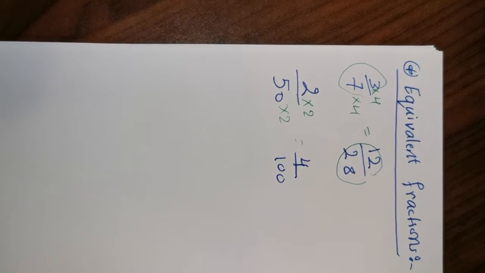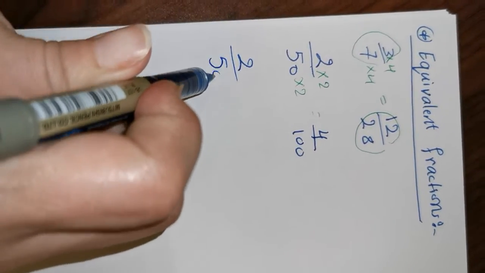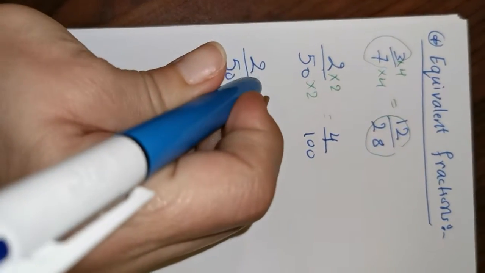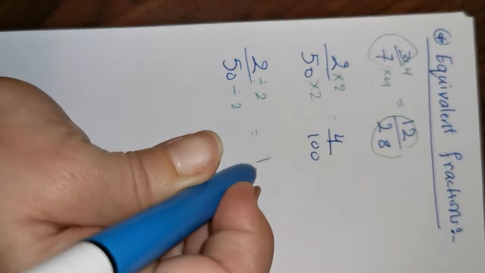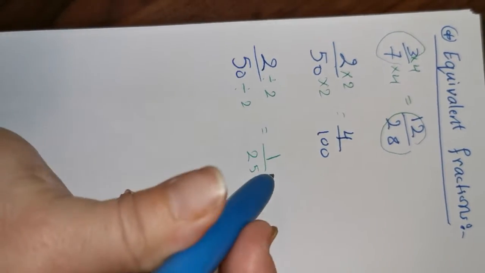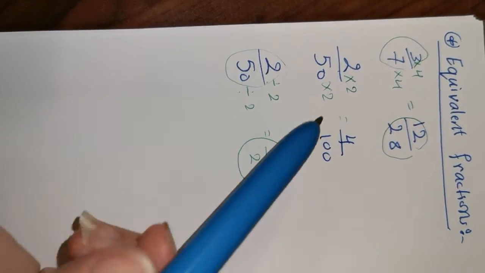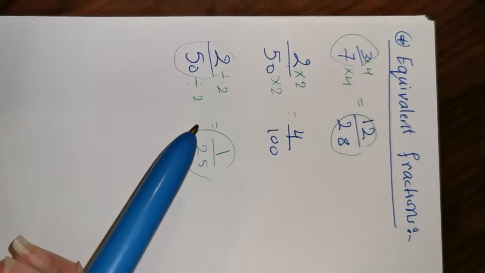And you can use division. 2/50, both sides can be divided by 2 to get 1/25. So 1/25 and 2/50 are equivalent fractions. 2/50 and 4/100 are equivalent fractions.